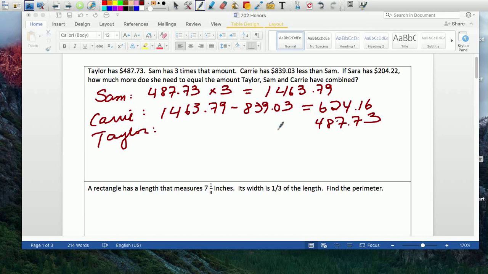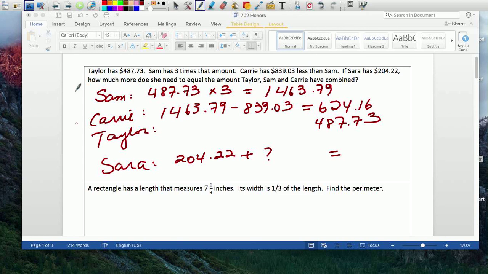So we now have what each of those 3 people have. And Sarah has $204.22. So we want to know how much more Sarah needs to equal whatever these 3 people have. So let's find out what those 3 people have in total. It's 1463.79 plus 624.16 plus 487.73.